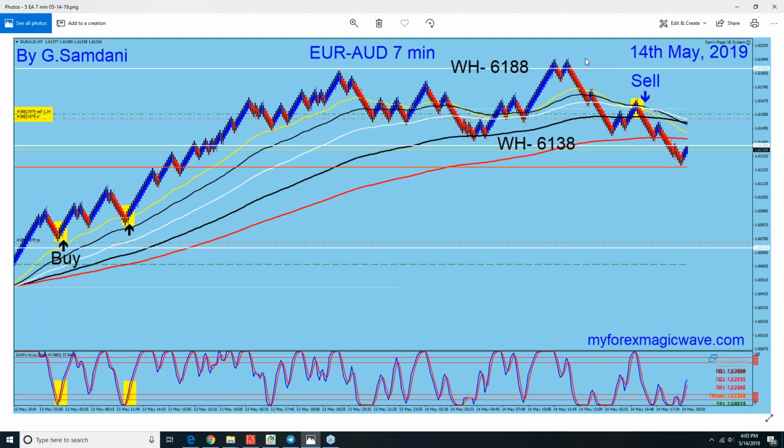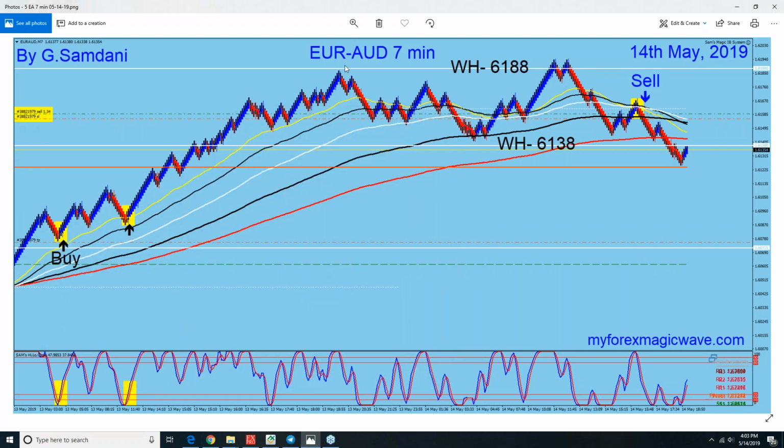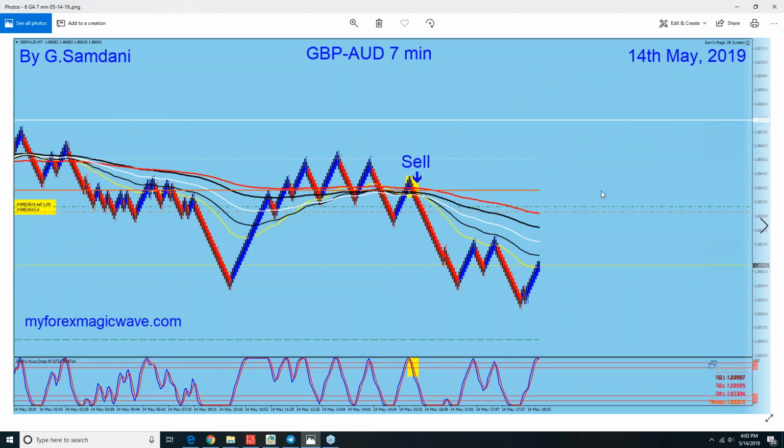Like I said, I posted on my Telegram that the news is going to be bad, and euro Aussie, euro yen, and euro USD will be going down, and I caught both entries all the way from here and this one on euro Aussie. And then euro yen is the one, and this is pound Aussie, today's trade, one of these trades.